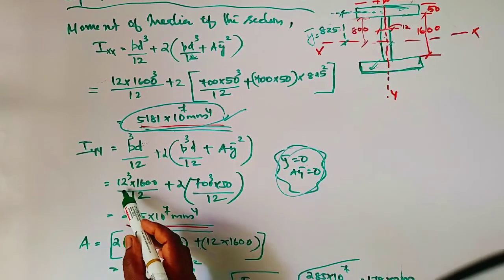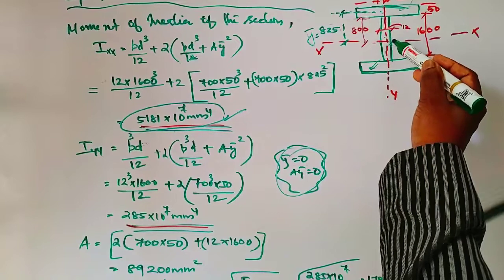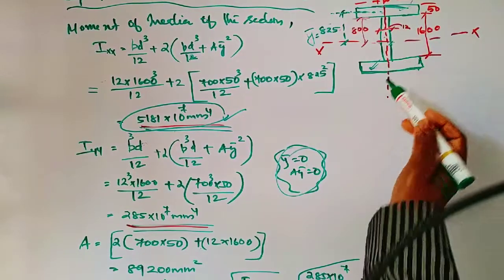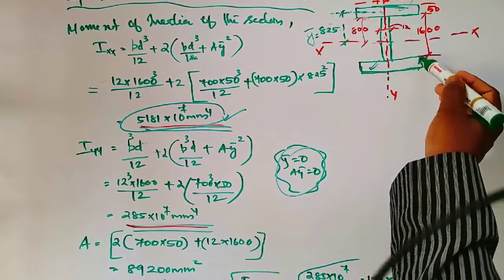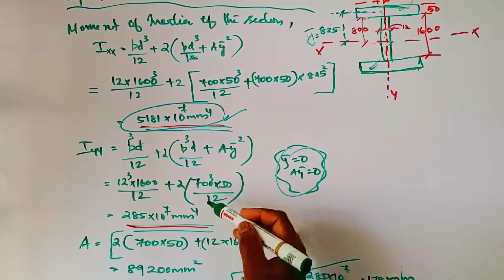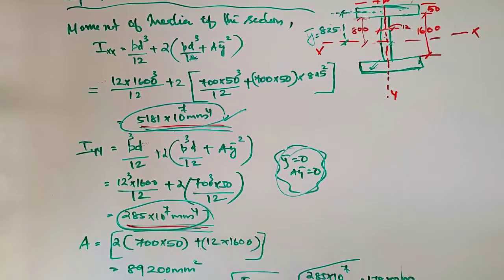For the web, B cube is 12 cube and D is 1600. For the flange, B cube is 700 cube and D is 50. Substituting all this in the equation, the answer is 285 into 10 raised to 7 mm raised to 4.